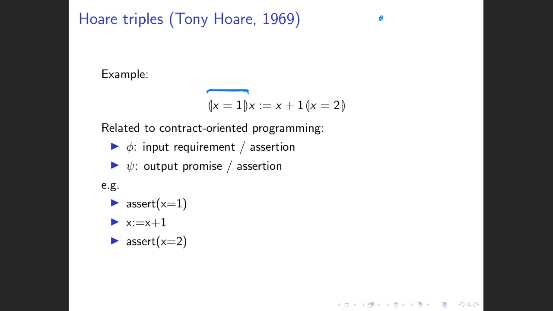This symbol, colon equals, that you find here, this is called assignment. This isn't making a claim about what the world is like. This is saying go and do something. This is an imperative instruction to make x become equal to what was previously x plus 1.